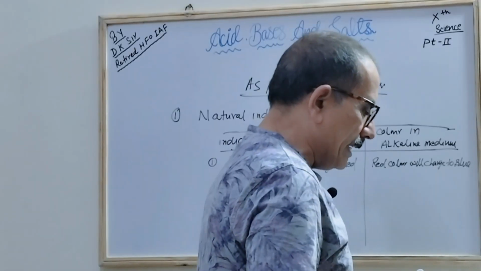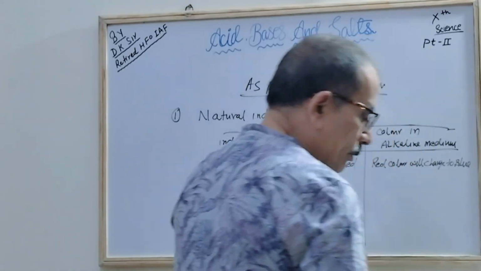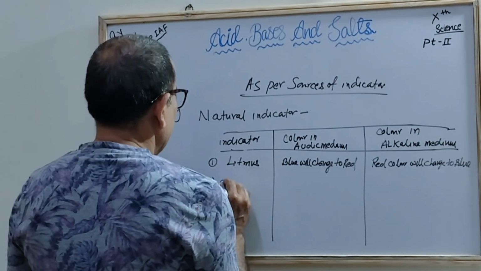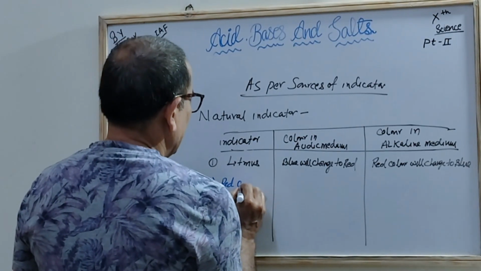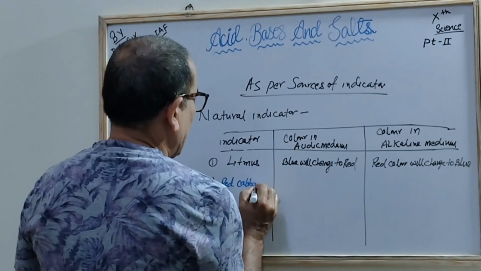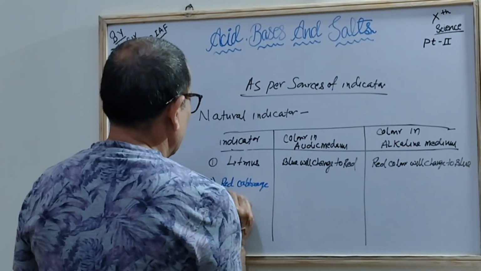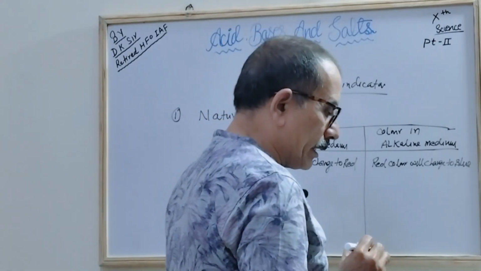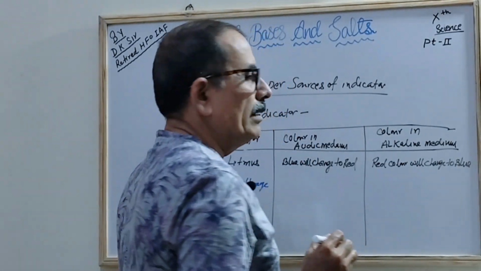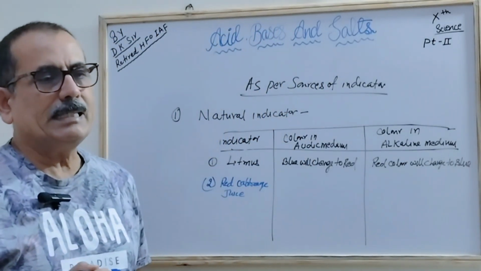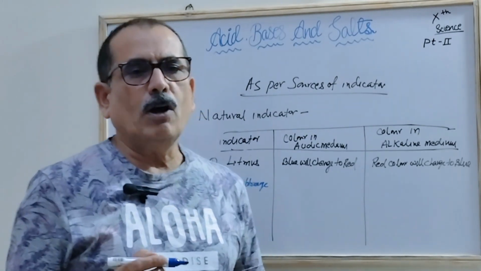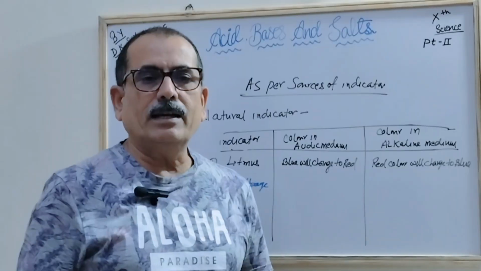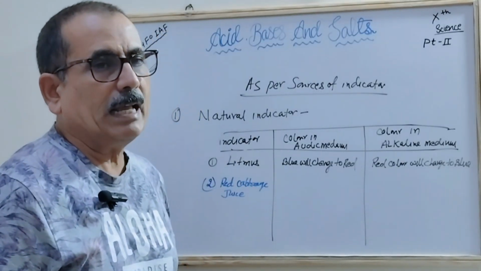The next we will see is red cabbage juice. The second is red cabbage juice. Correct? Red cabbage juice. You can get this red cabbage juice out of the leaf of the red cabbage. In the market, you find that there are different colors of cabbage.